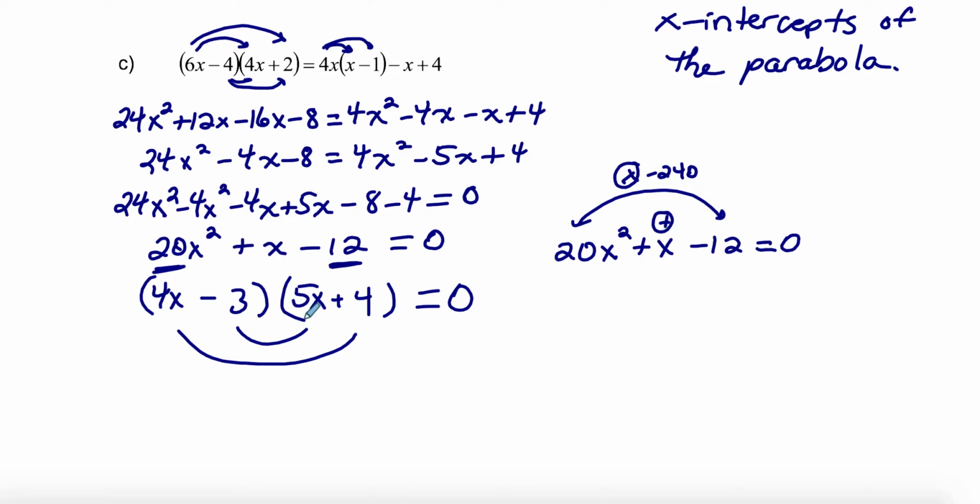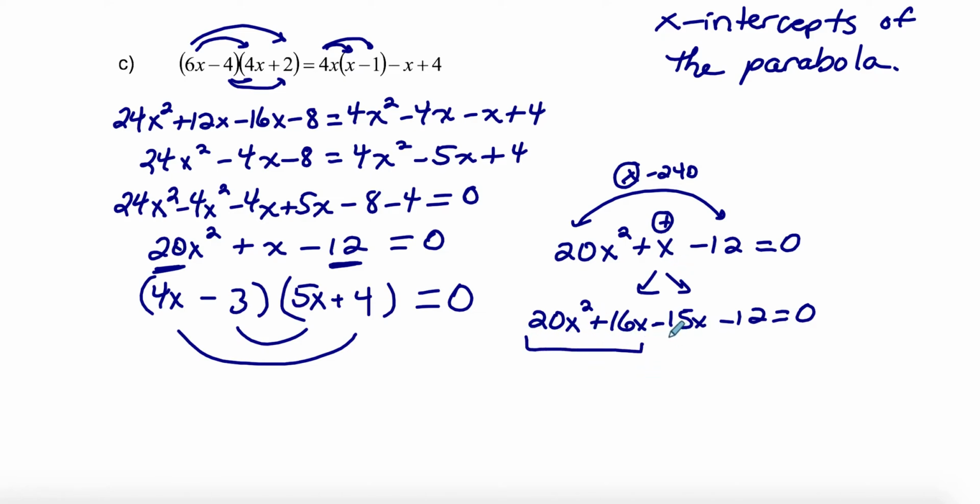Remember that those are not the numbers that go in the brackets, but those 16 and 15 would be the numbers. If we're doing decomposition, we do 16x minus 15x. We break up, or decompose, the term in the middle into our two special numbers. 16 times 15 is 240, and 16 minus 15 is 1.